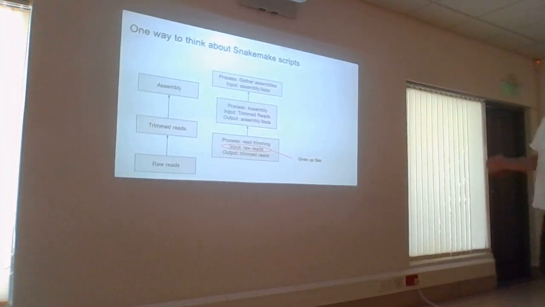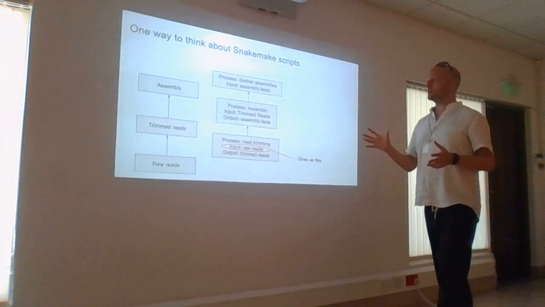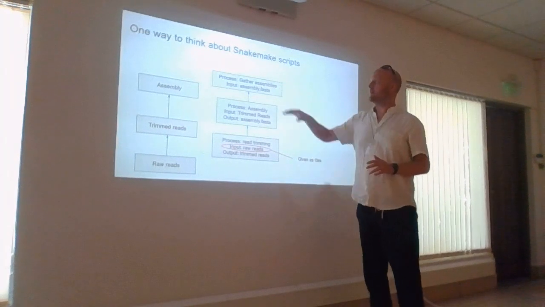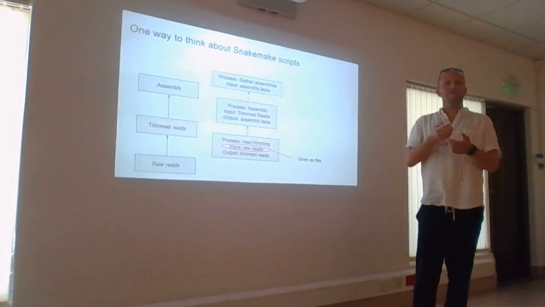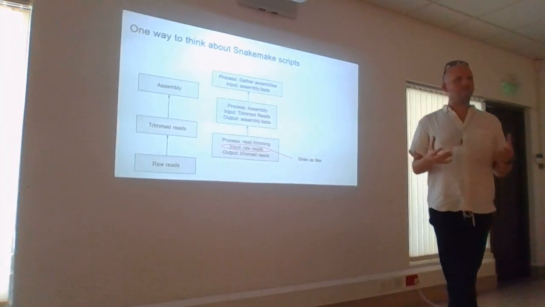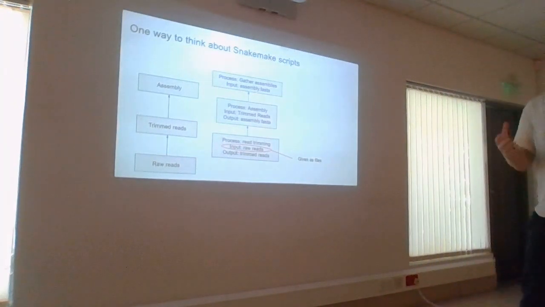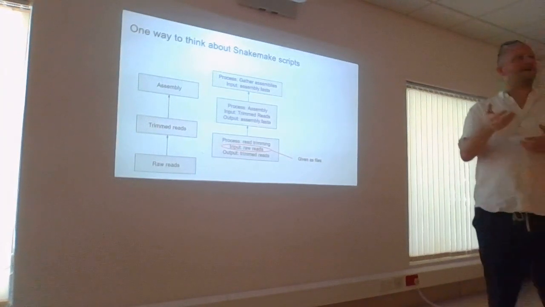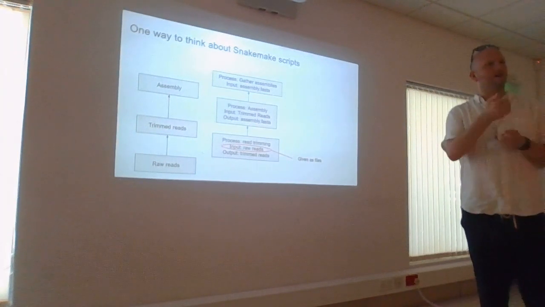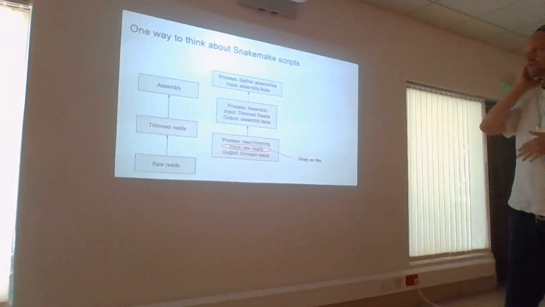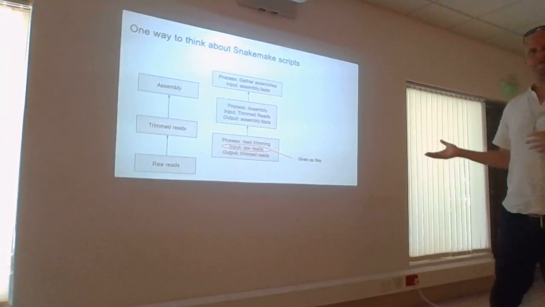This is one of the funny things: you need a rule in Snakemake that doesn't really do anything. It doesn't have a process in the normal way that you would think of as a bioinformatics process. Its function is to pull the data through the pipeline. It's not a processing stage that gives you something different out.